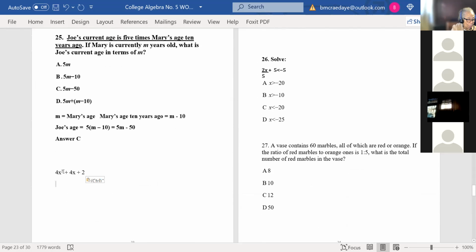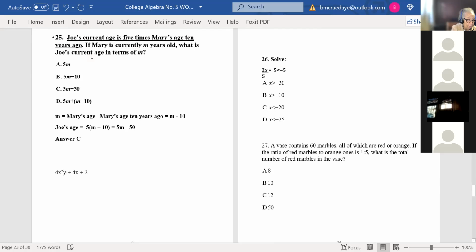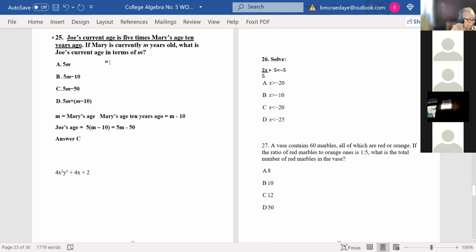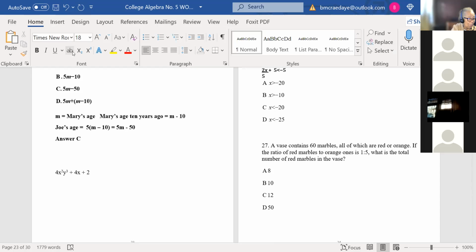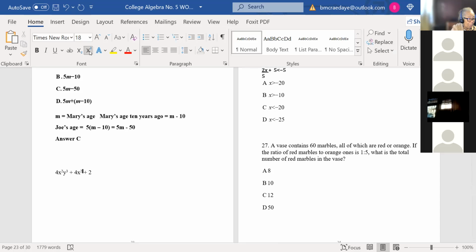So this is 4x squared y, 3, and I'll put 4x with another power, 2, and z.